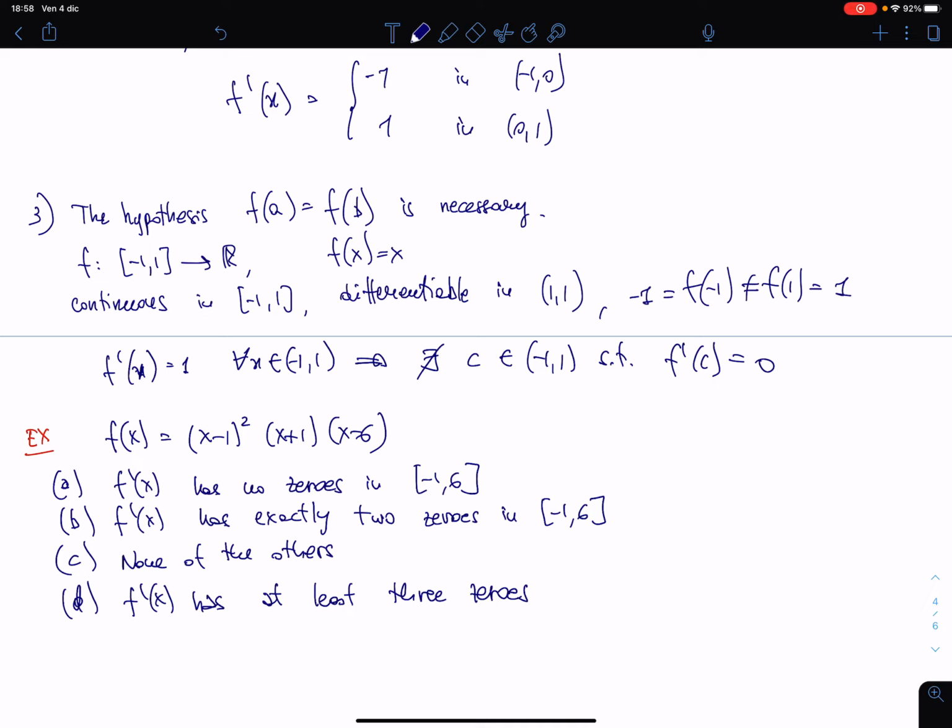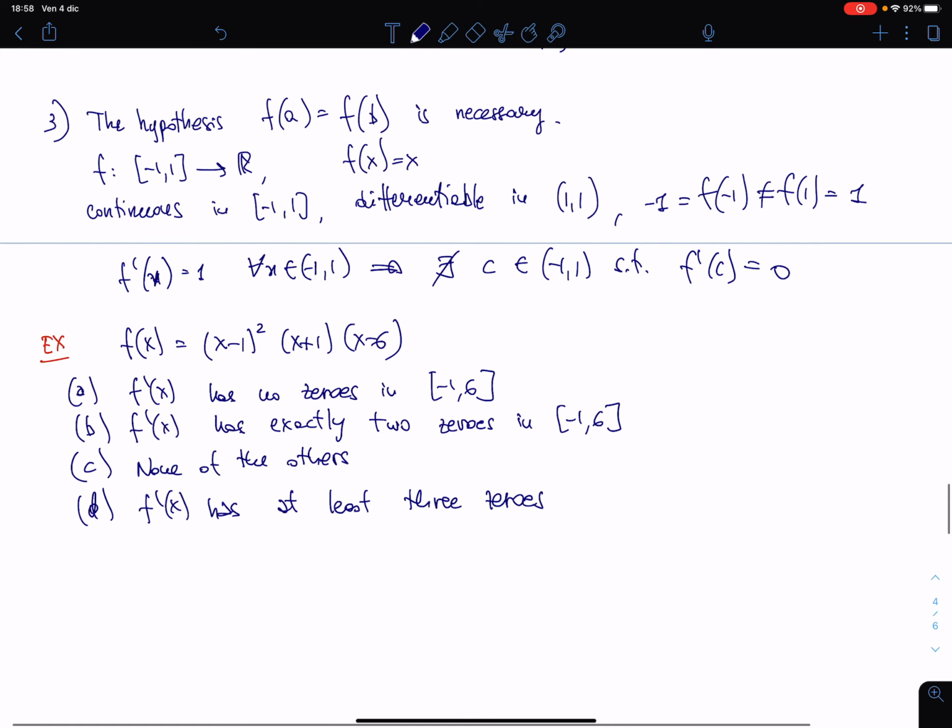And so let us see what happens here. The trick is the following. We know the zeros not of f prime, which is the subject of the question, but of f.